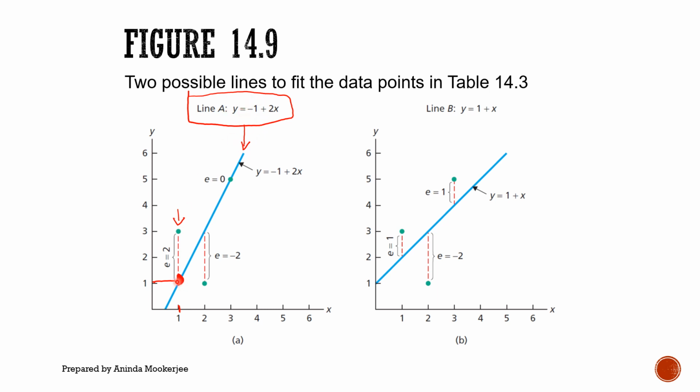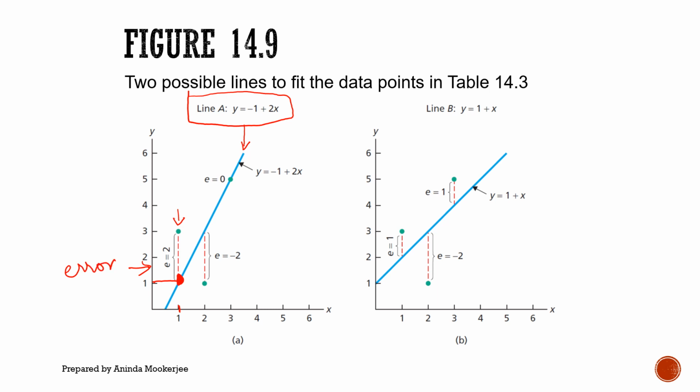What is its variance from the actual data? How far is the predicted value off from the actual value? And that variance we refer to as E, also called error.